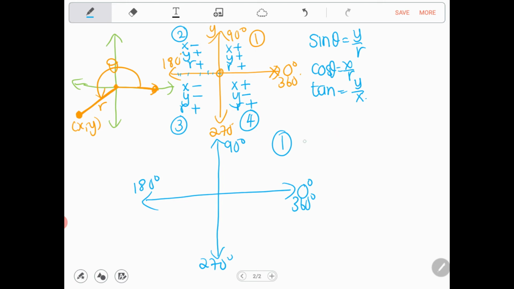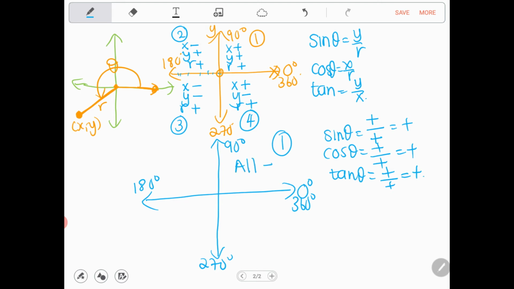So sine in quadrant 1 would be y over r, positive over positive, which would give you a positive. Cos, again, x is positive, r is positive, gives you a positive, and tan, x and y both positive, so it gives you a positive. So in quadrant 1, all the ratios are positive.